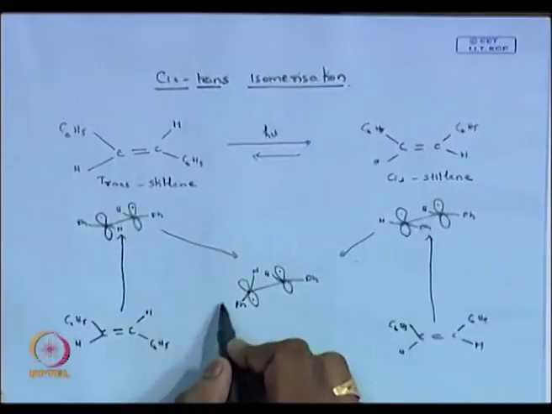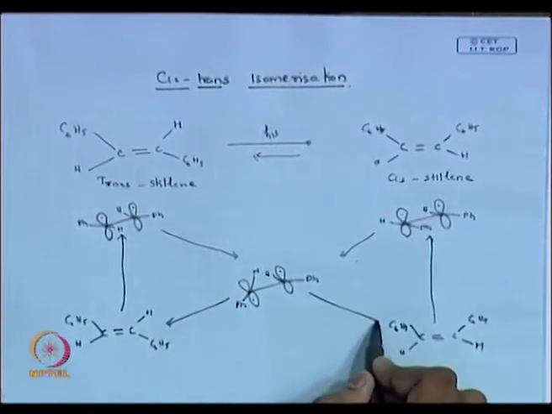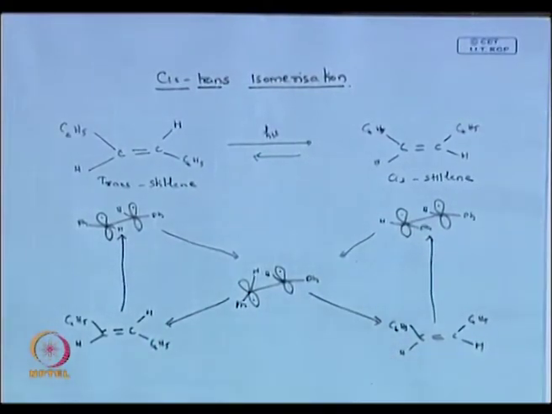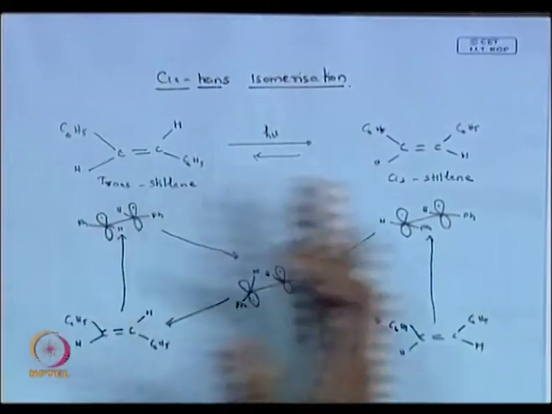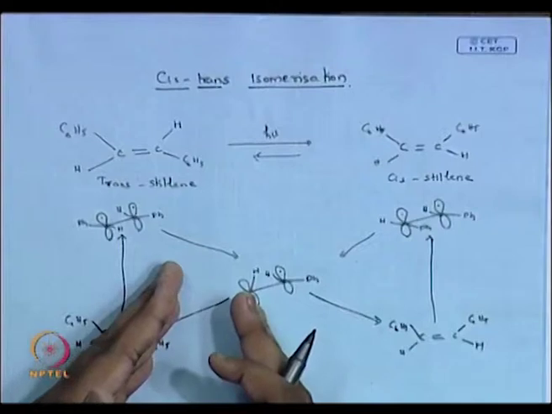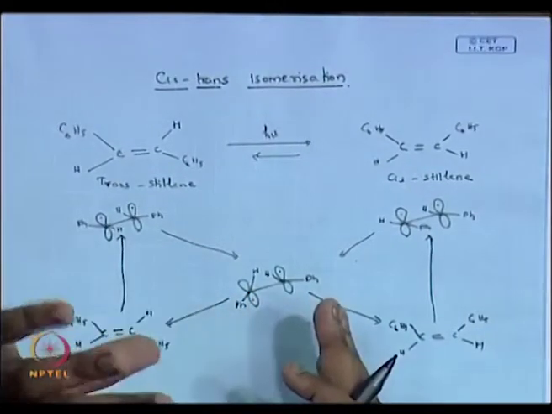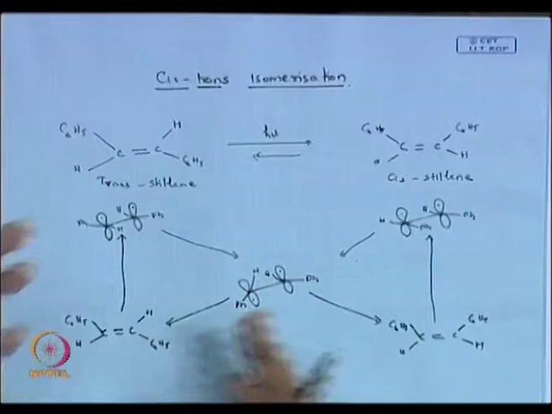In both cases I can turn around, so I can get my hydrogen, phenyl, and in both cases you get a common intermediate. This intermediate can give me my cis and trans. So, that is how it keeps on flowing. You take it to cis, then because of this relaxed geometry, from both cases it can come back to a common intermediate, which can move in this direction to give me trans, and in this direction to give me cis.